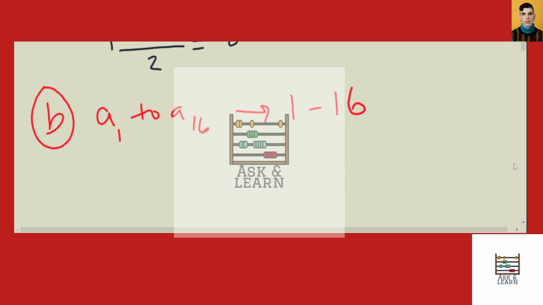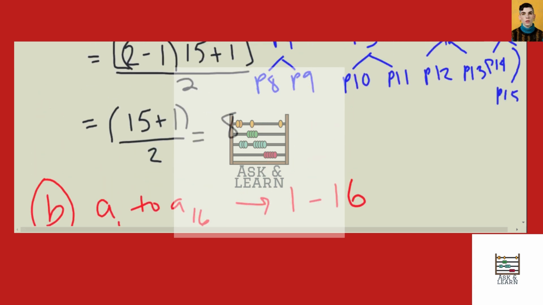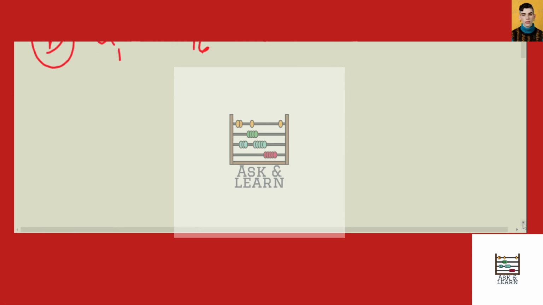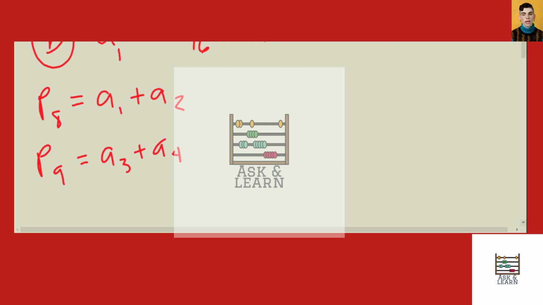So let's say I let the bottom processors add, since there's 8 of them, I let them each process 2 numbers. So I'm going to let P8 process A1 plus A2. P9 do A3 plus A4. P10 is going to do A5 plus A6. P11, A7 plus A8.